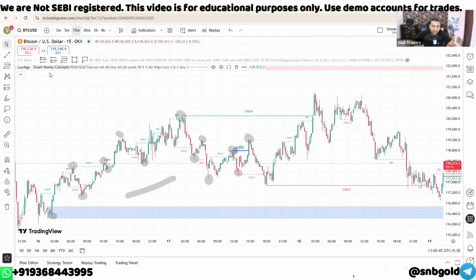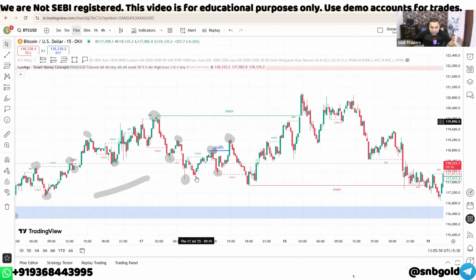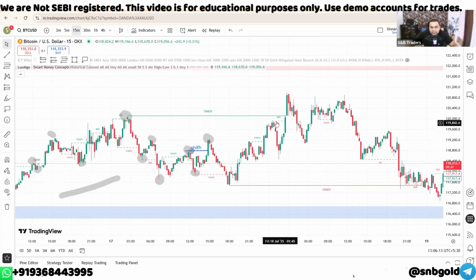This is the indicator that we are looking for. Look, this is where I mark the break of structure, and this is where the indicator has done the same thing. So I don't need to use this indicator, but for anyone new, it will be useful. इंडिकेटर को बस तब तक यूज करो जब तक तुम नेकेड आई से खुद ना उसको पहचान लो. This will tell you everything: break of structure, change of character.